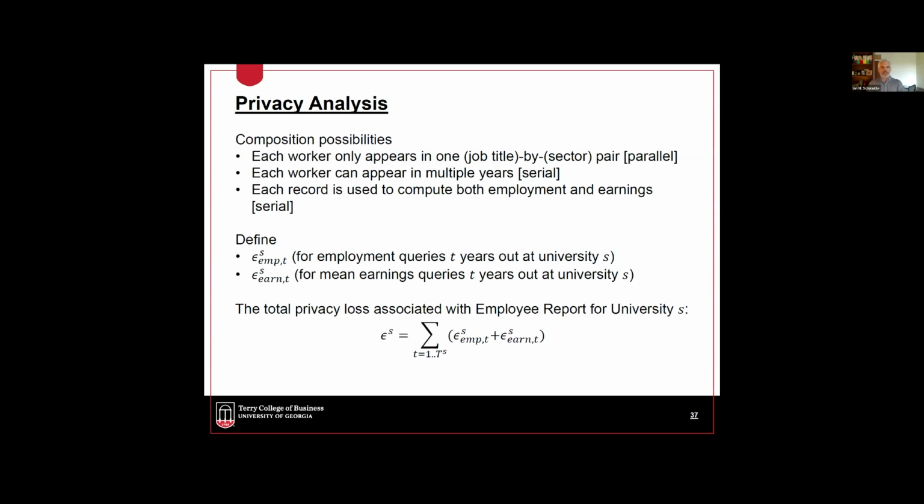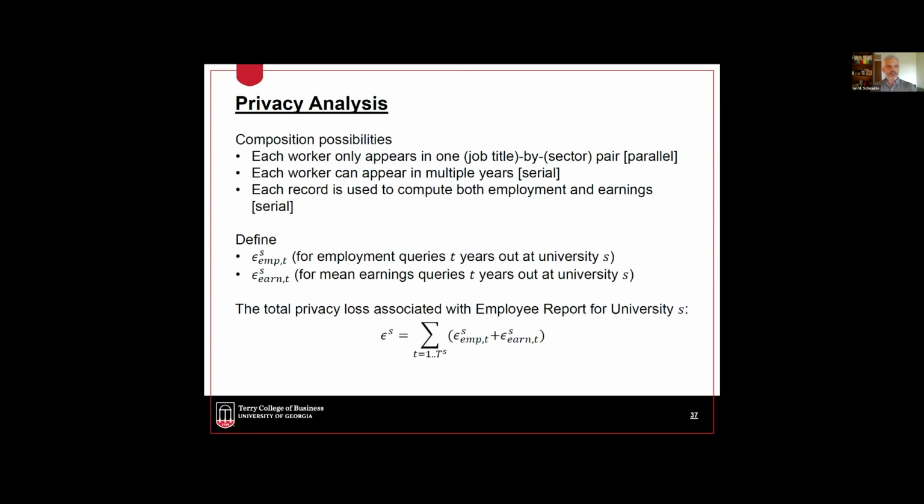However, each worker can appear in multiple years of the data. And so every time we're publishing, say, information 1 year out versus 2 years out, those privacy losses have to be accounted for using serial composition. And finally, each record is used both to compute total employment, the employment count, and the earnings level. So we once again have serial composition.